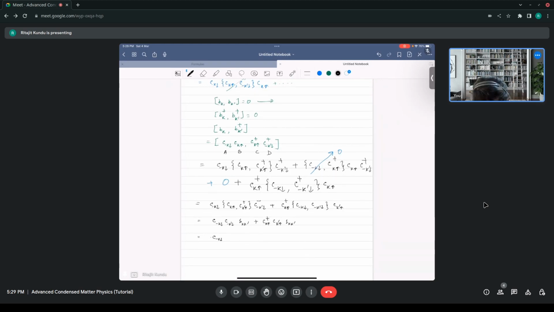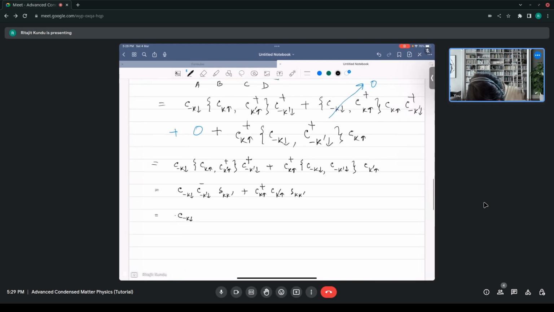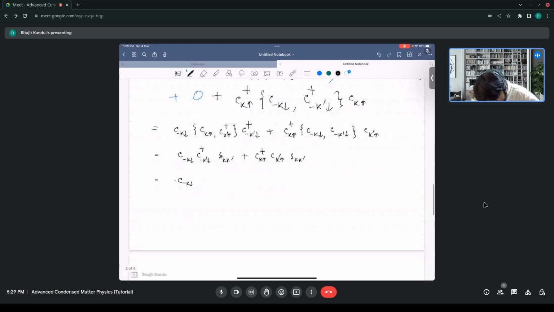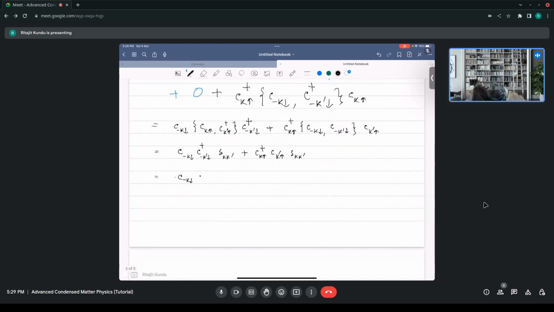Yes, there is a dagger. So c minus k, and I can change this k prime to be k down, because I have this Kronecker delta nearby. And for the second term also, I'll change this k to k prime.